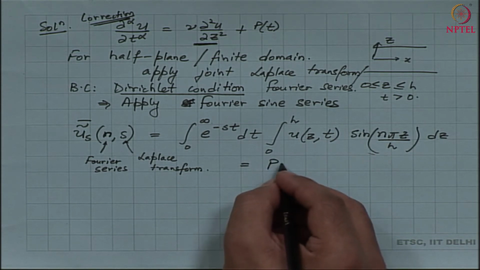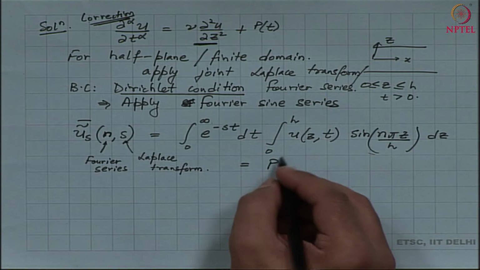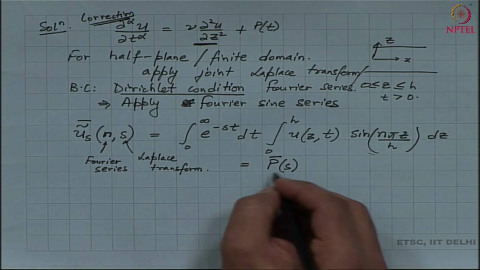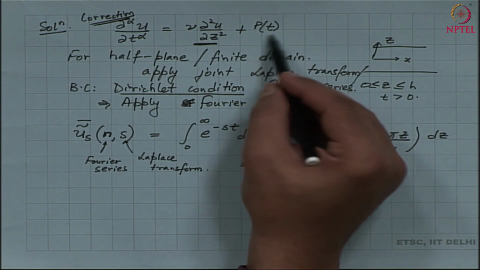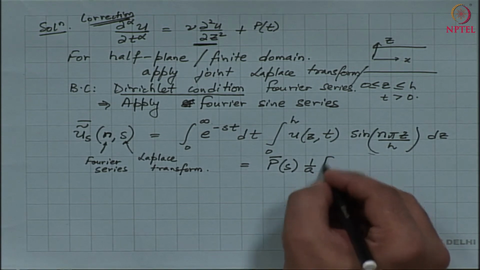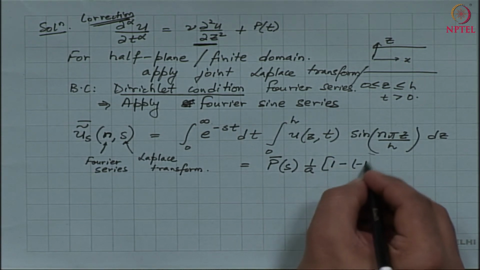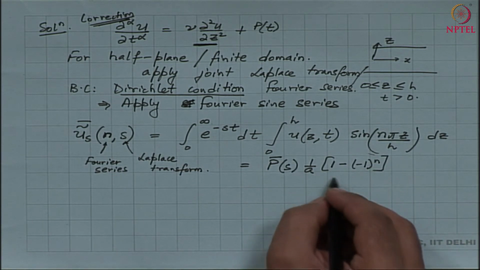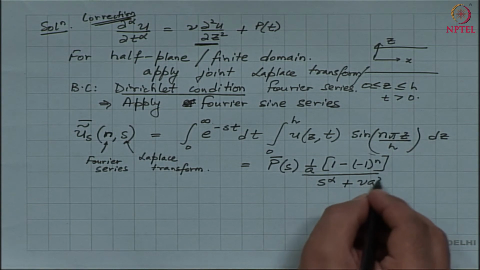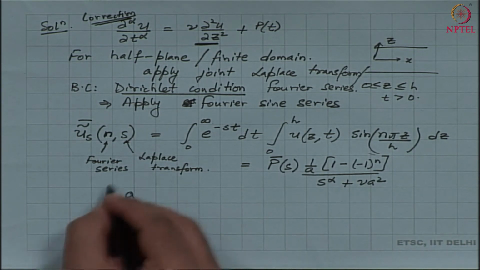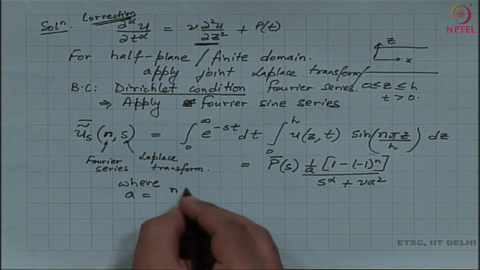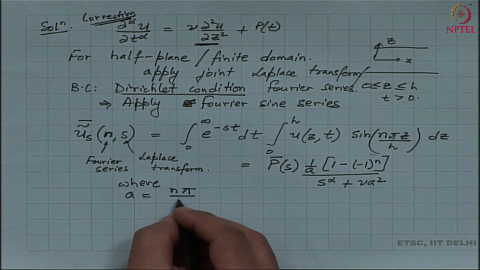This is going to be P s bar, the Laplace transform of p of t, times 1 by a times 1 minus minus 1 to the power n, divided by s to the power alpha plus nu a square, where my factor a is these frequencies n pi by h.